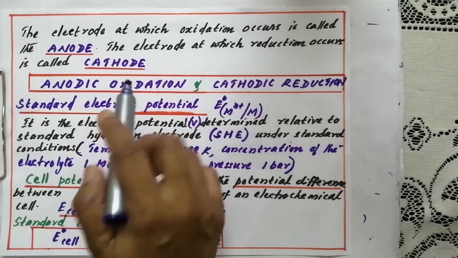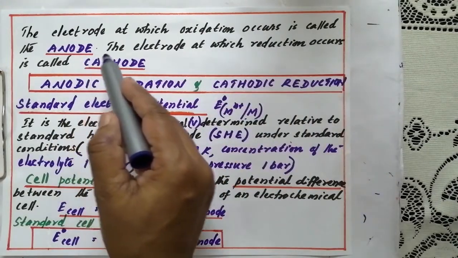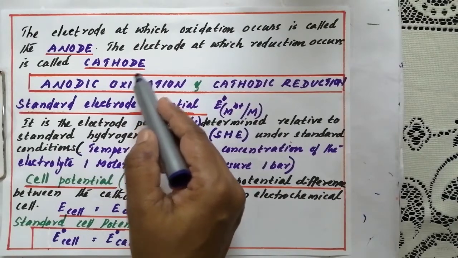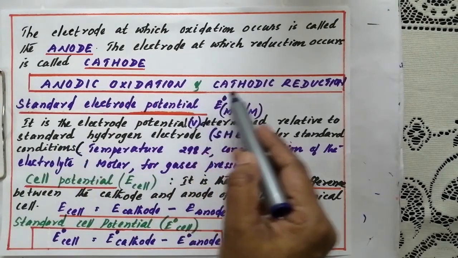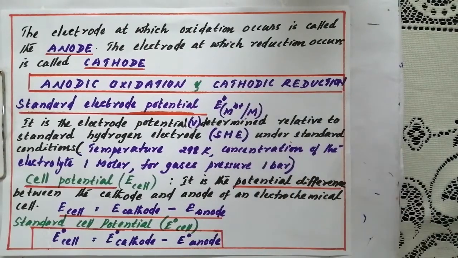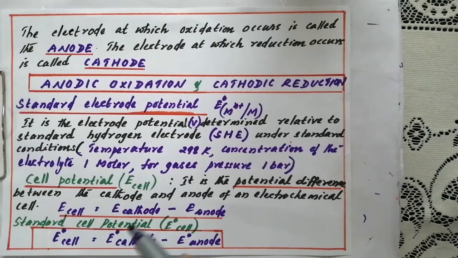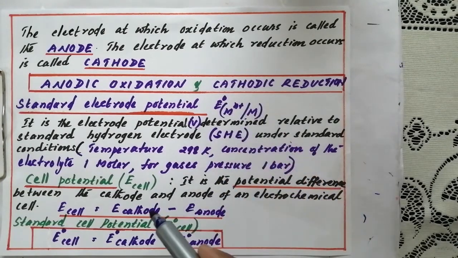The electrode at which oxidation occurs is called the anode, and the electrode at which reduction occurs is called the cathode. In short, anodic oxidation and cathodic reduction. Next is standard electrode potential, which is denoted as E0 Mn+/M.